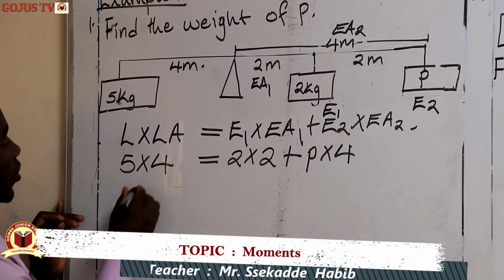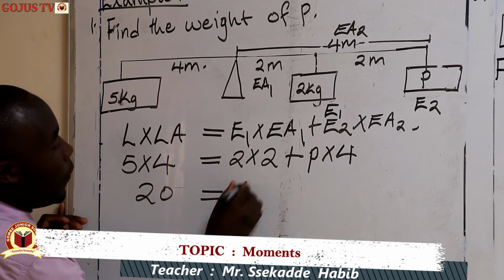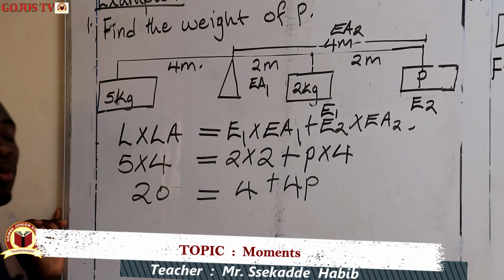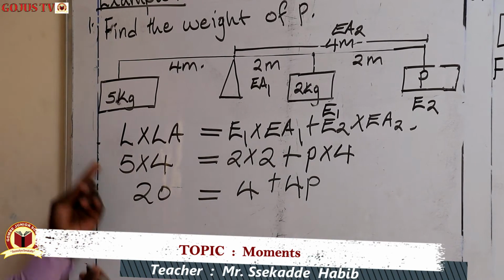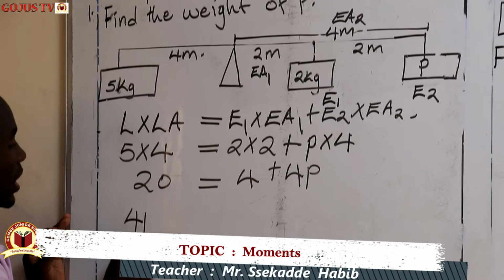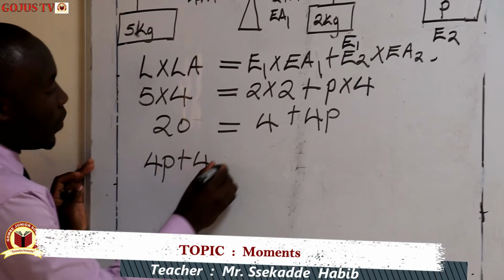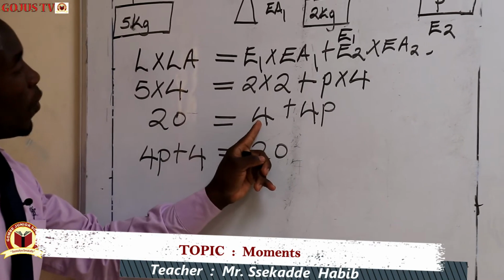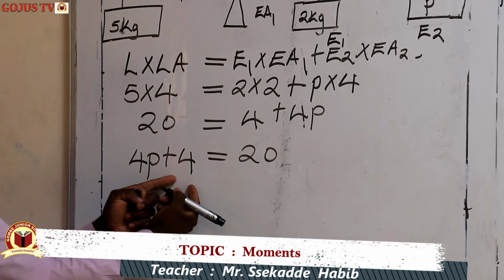So this will give us 20, and it will be equal to 4 plus 4P, because 4 times P will give us 4P. Therefore, we can interchange, and this time we begin with the unknown. We say 4P plus 4 is equal to 20. So 4 plus 4P is the same as 4P plus 4.